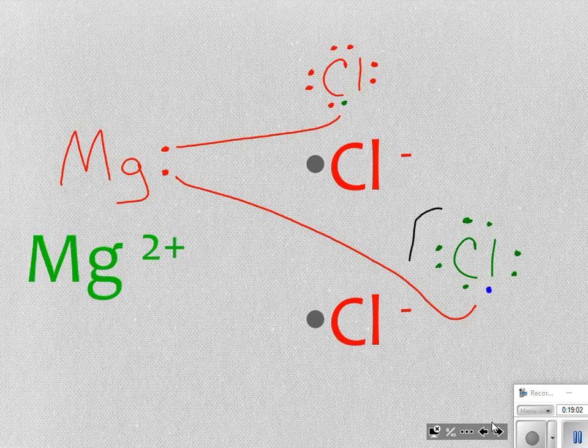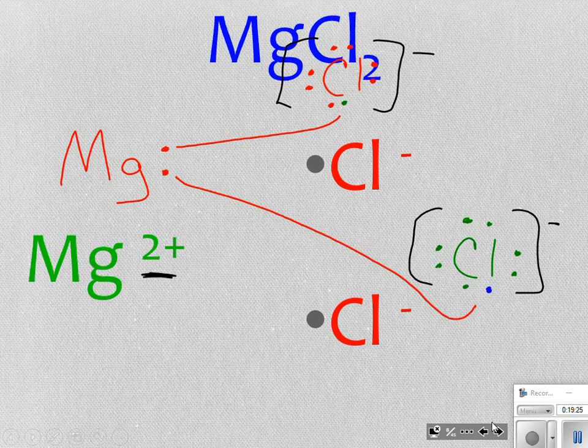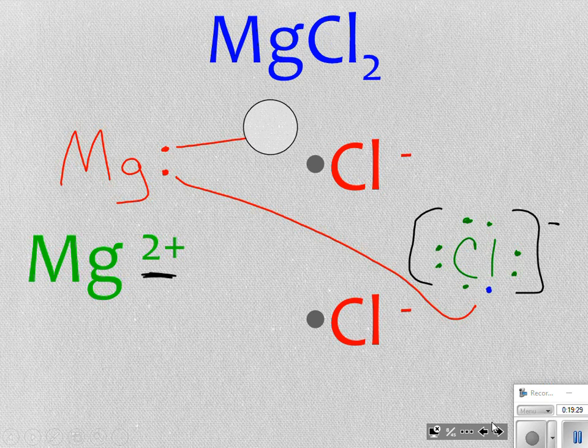When I do this, that's where I get my chlorines with the minuses. What's my magnesium going to be? 2 plus. So, if I'm writing this out, I'm going to write out MgCl2.